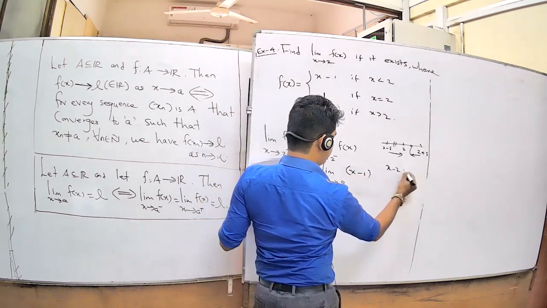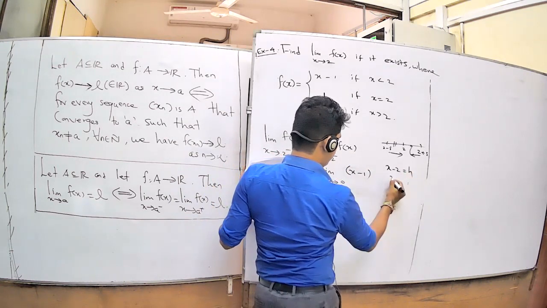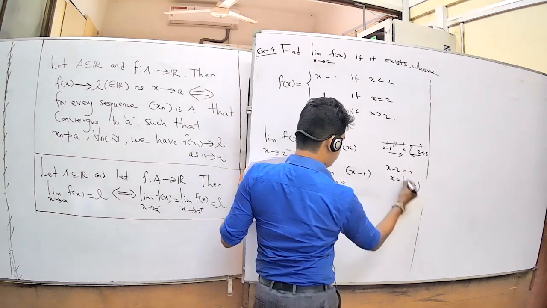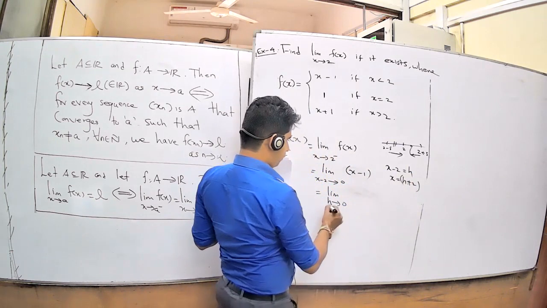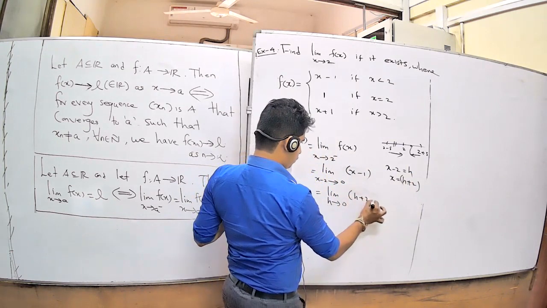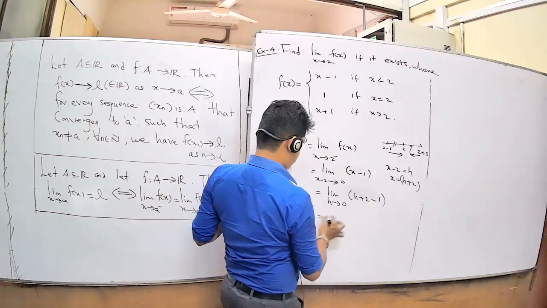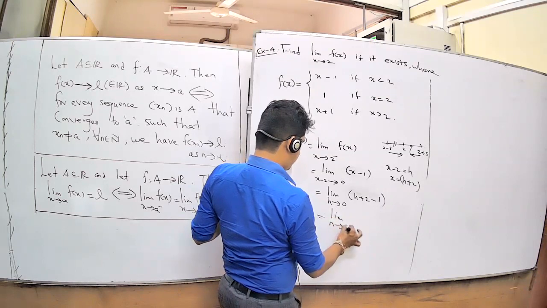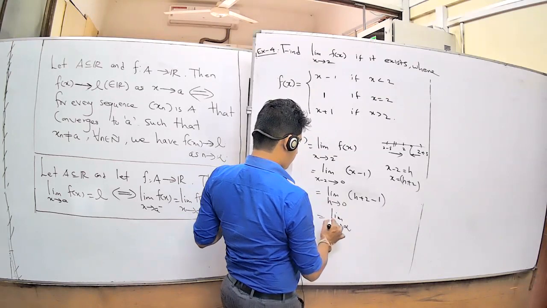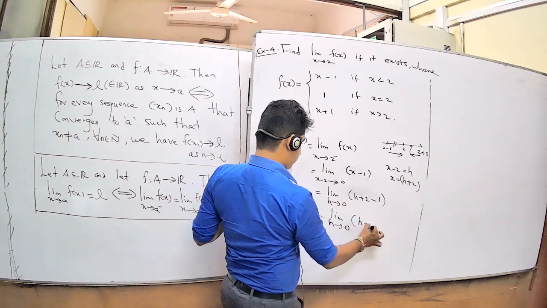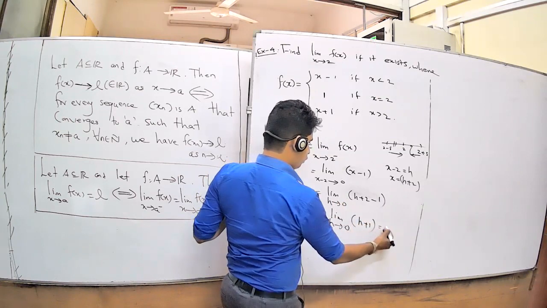You take x minus 2 is h. Therefore, x equal h plus 2, so x minus 1 equals h plus 2 minus 1. Now we change the variables, h tends to 0. Now you want to take the limit of h plus 1. Suppose h tends to 0, your limit is 1.